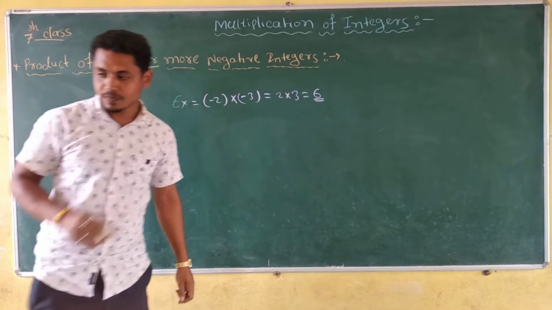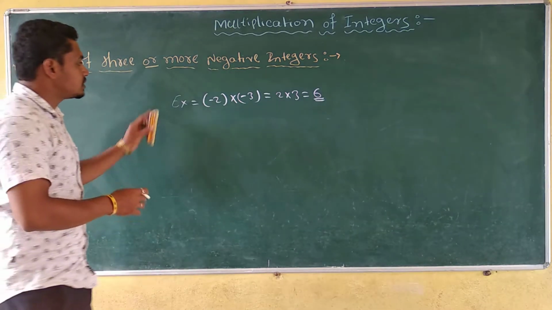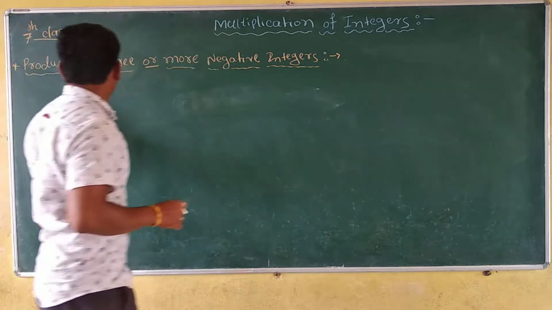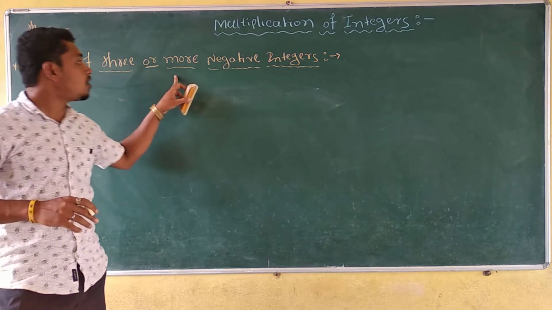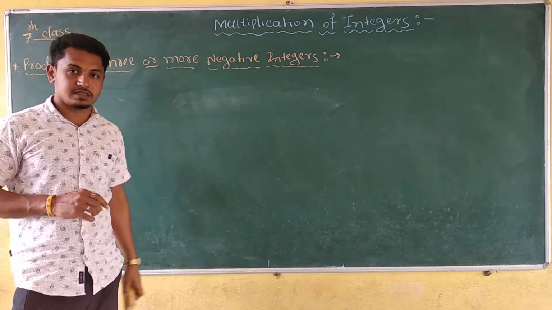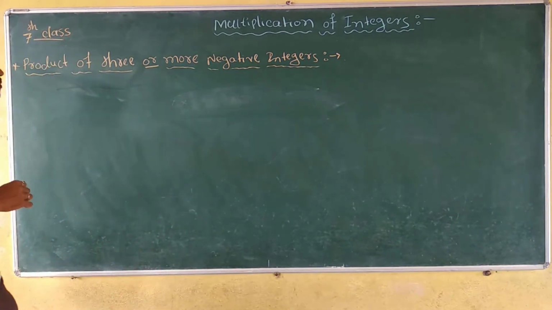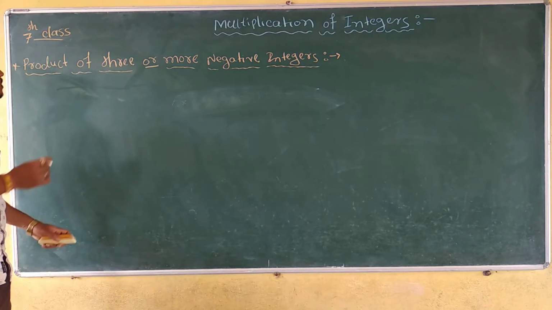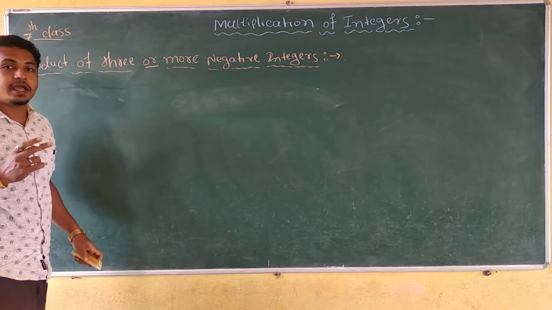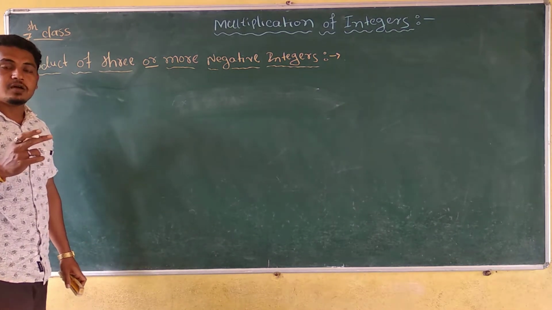Now we have to discuss the product of three or more negative integers. In the earlier class we already studied that the product of two negative integers is always a positive integer.